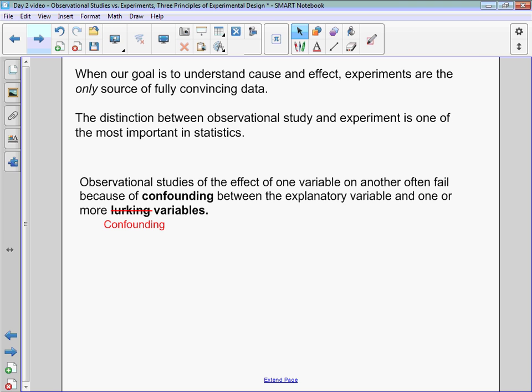If we want to understand cause and effect, experiments are the only way to do that. You cannot establish cause and effect from an observational study. And we'll get into this next class, but there's a wonderful example of doctors noticing that they were doing routine tests on people, and they kept track of how much vitamin D someone had and how healthy they were.